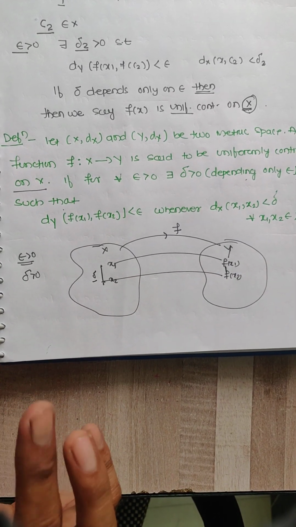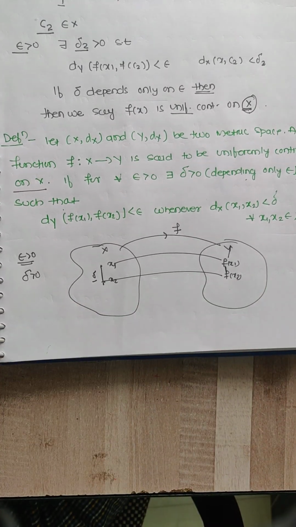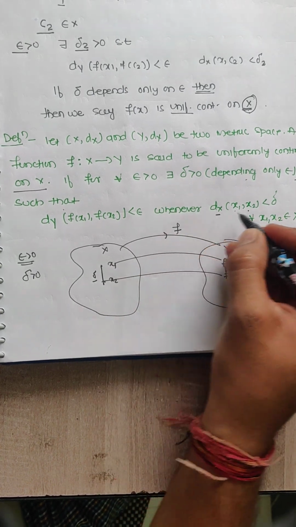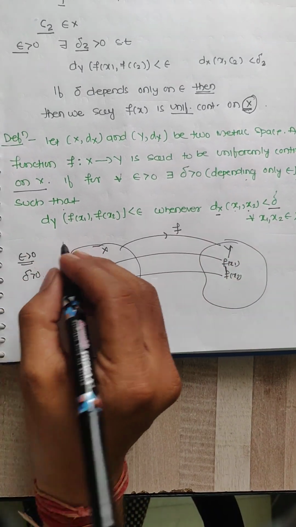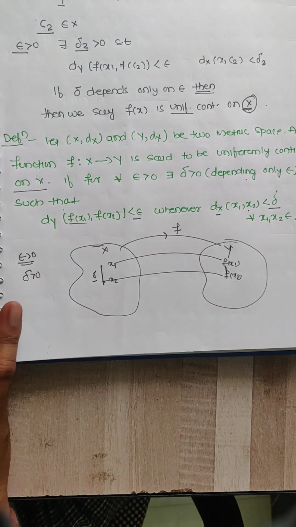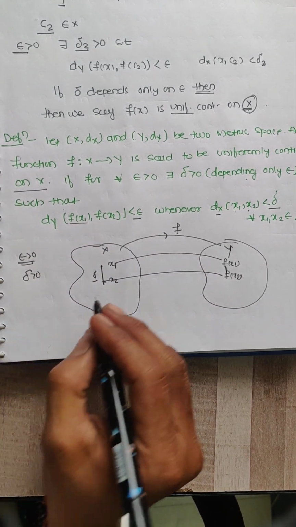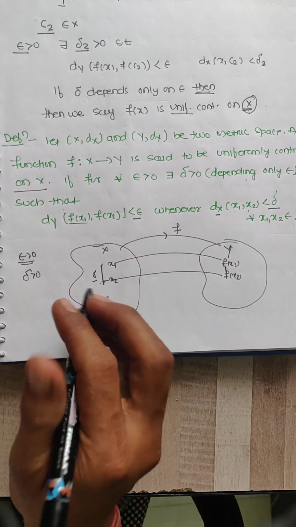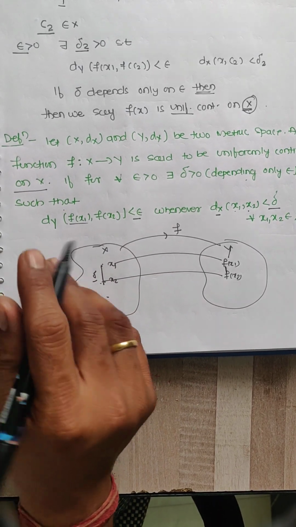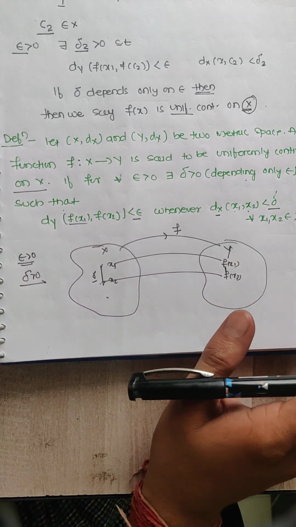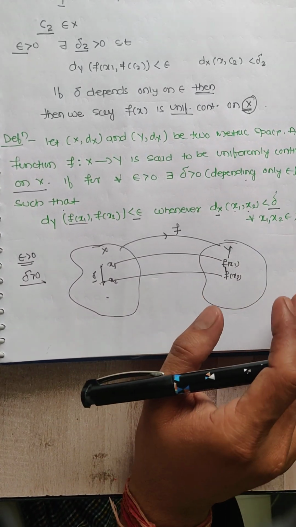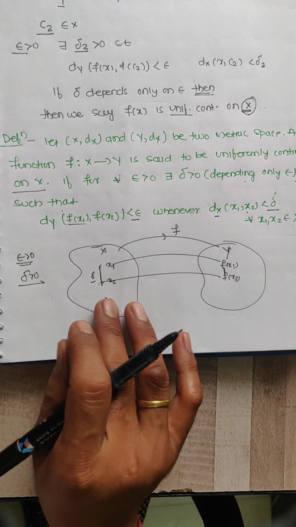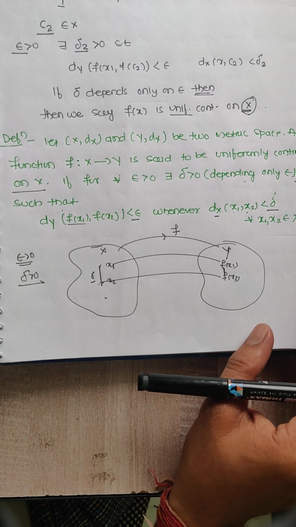So whenever the distance between x1 and x2 in X is less than delta, the distance between the image points is less than epsilon. Irrespective of the points in X, whenever you take two points x1, x2 in X whose distance is less than delta, the distance between their images is less than epsilon, and we call this uniformly continuous. First of all, understand the definition, and then we'll go for some examples.